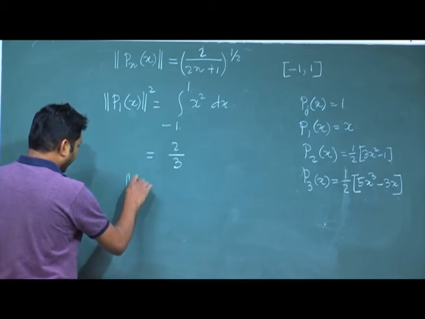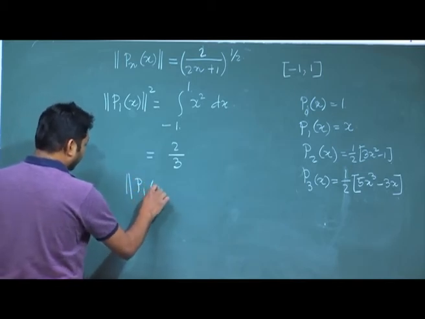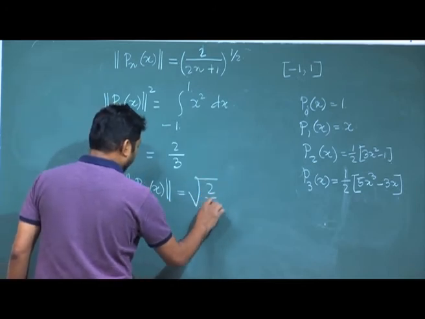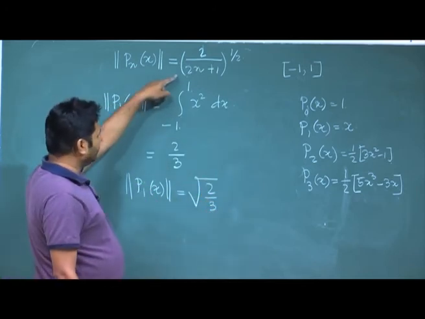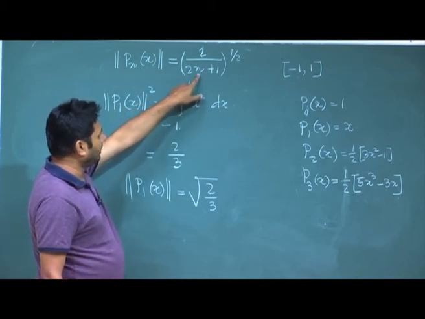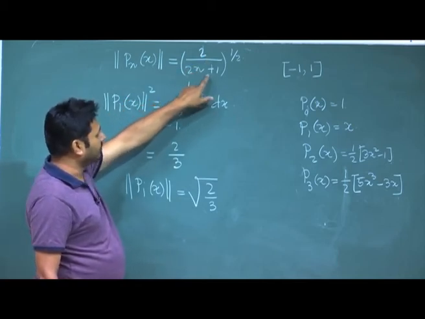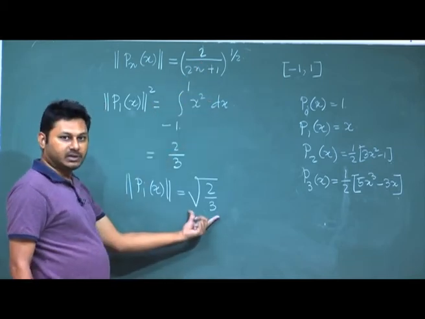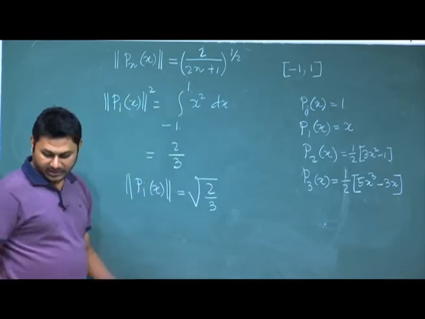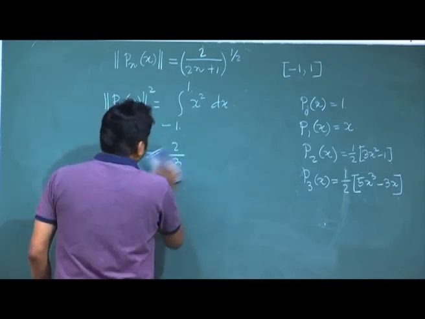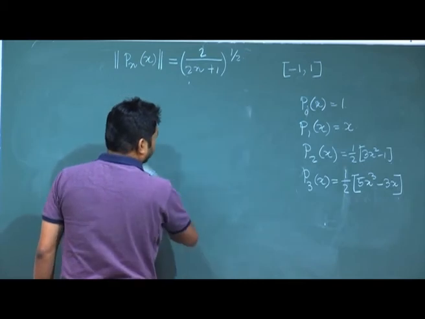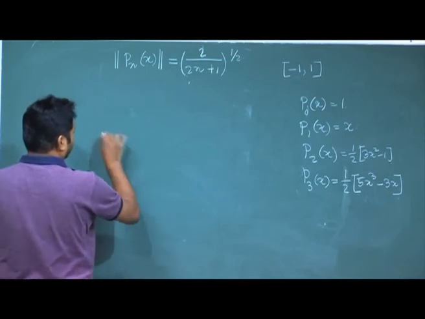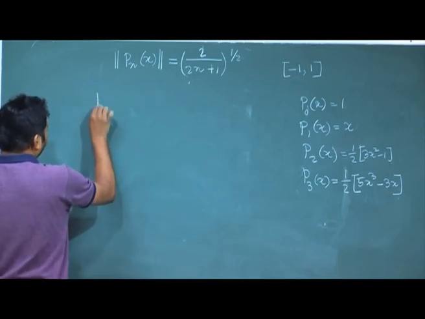So, my norm of P1 seems to be root over of 2 by 3. Let us try to use this formula. If I put n equal to 1, then it will be 2 divided by 2 plus 1, 3. So, 2 divided by 3 whole to the power half. So far the formula is matching. So, finally, we will check for P2 and then we conclude.